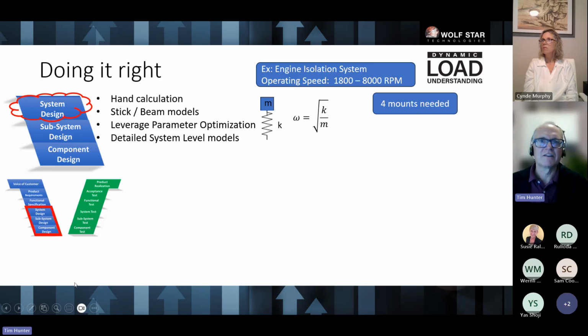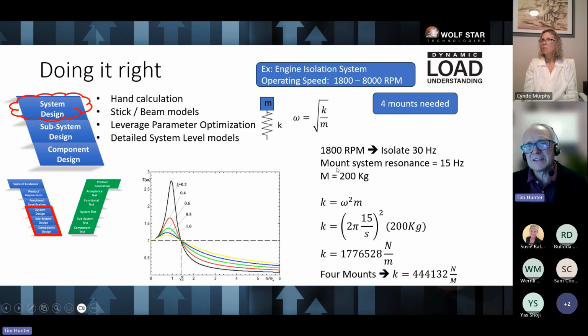Okay, great. So we look at 1800 RPM. Well, 1800 RPM is 30 hertz when you convert that into hertz. And then looking at your response diagram here, you want to be at 50% response, and that's going to say that you want to have the resonance of your mount system be half of your driving frequency.